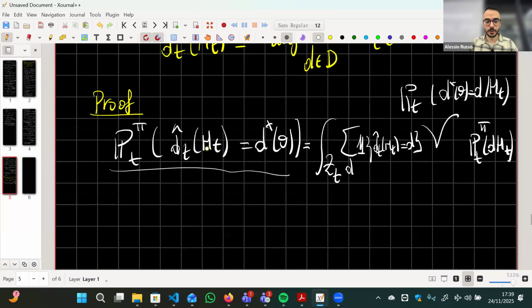So this is something we can show. We start from here. We can integrate over the trajectories and apply Bayes rule to show that we have an integral over trajectories of this posterior distribution. We also use the fact that the decision space in our case is finite, so here we took a sum over d, with the indicator function that the inference rule is equal to d.